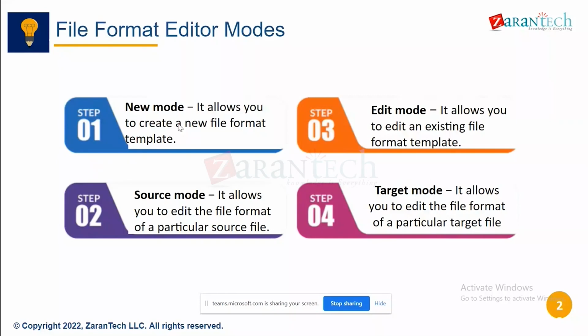If the file has date values, we can give the format in which they should be loaded into the target. We can skip row headers. We can go for all of these options. These are the file format options that are available.